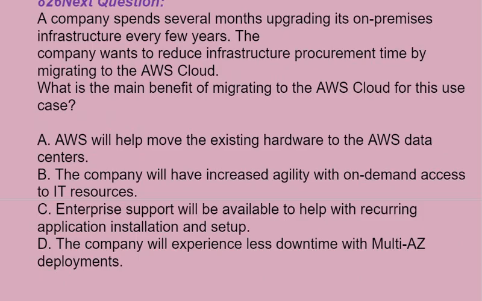Option B, the company will have increased agility with on-demand access to IT resources. Option C, enterprise support will be available to help with recurring application installation and setup. Option D, the company will experience less downtime with multi-agent deployments. Correct answer is option C.